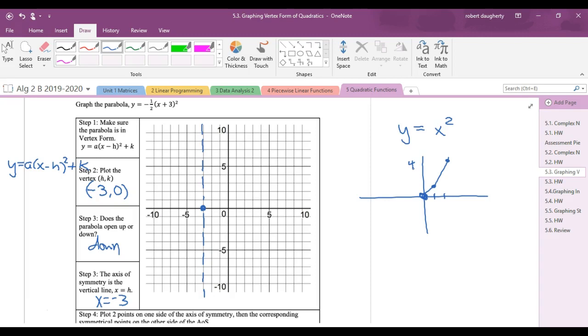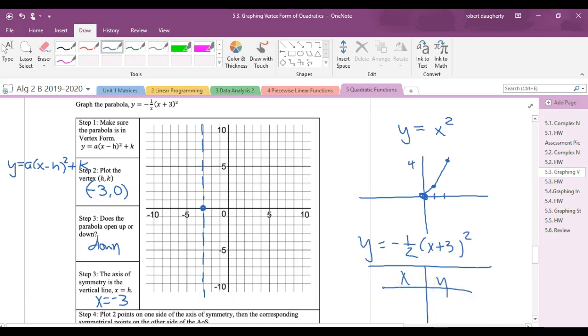So what I want to do, I need a couple of points. I'm sitting here at negative 3. I'm going to pick things that are close to negative 3, and I tend to like to go close to 0 because the numbers get easier. So let's just say I've got y equal negative 1/2 times (x plus 3) squared.